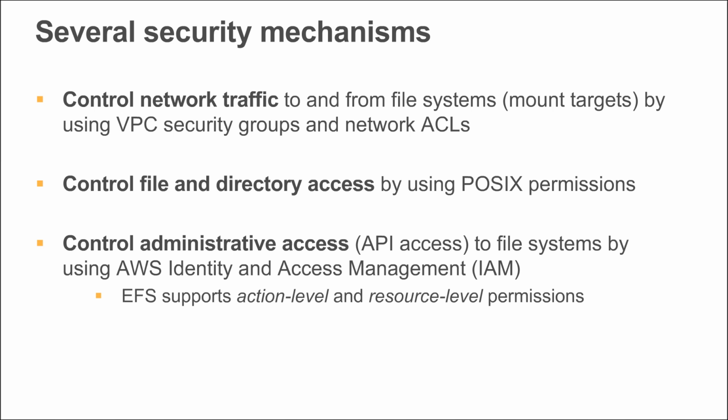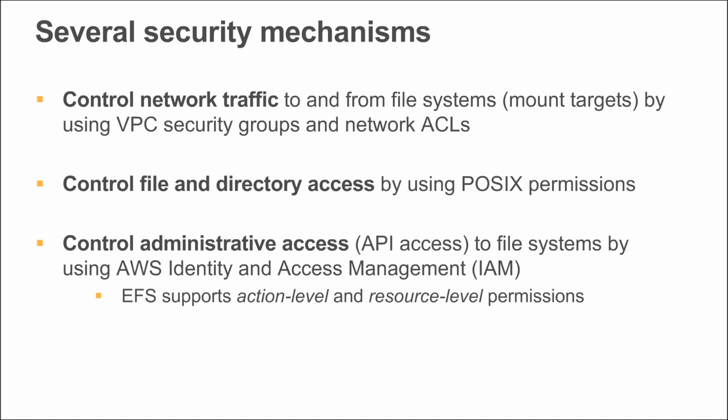And we provide several security mechanisms to protect access to your file system, to your data, and to the management tools around your file system. So first, at the network level, you can control network traffic to and from file systems by using VPC security groups and VPC network ACLs. And essentially, you apply those to your mount targets.